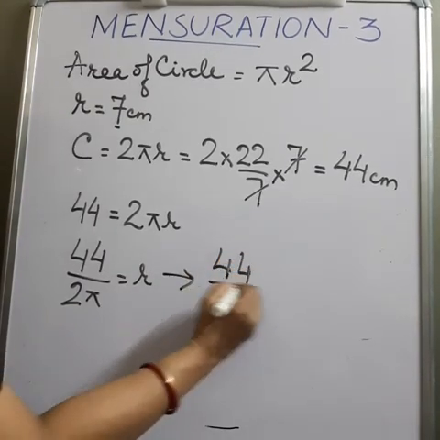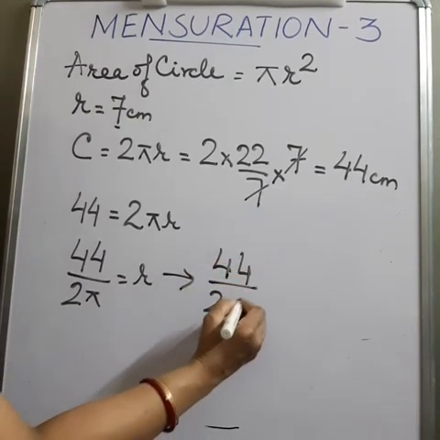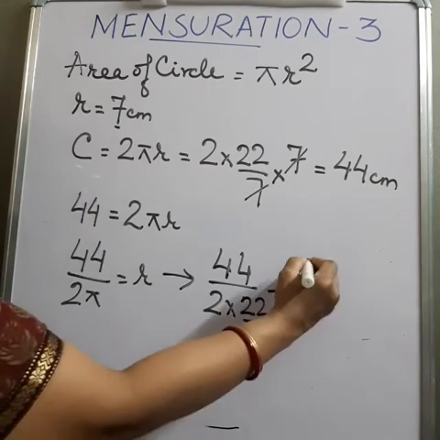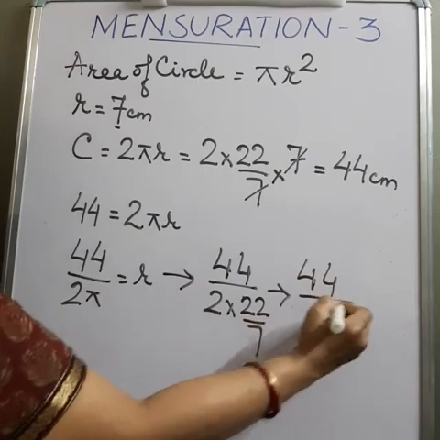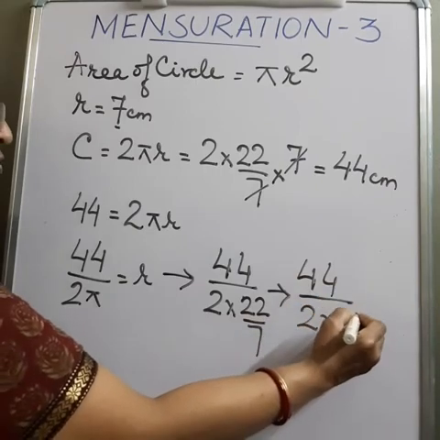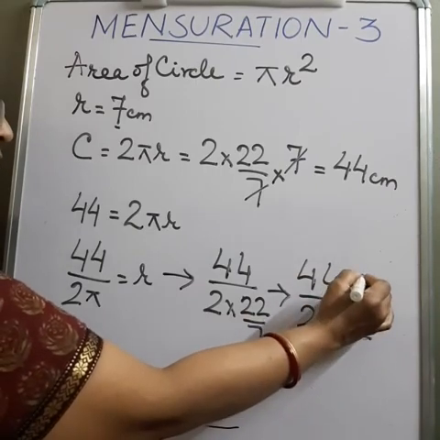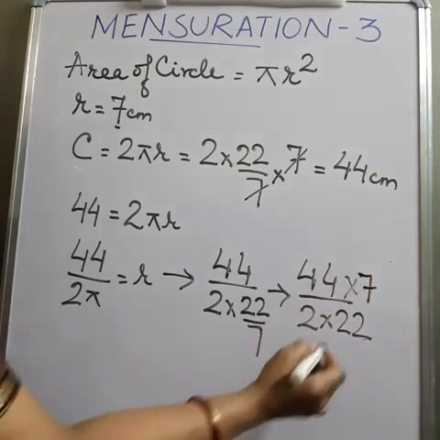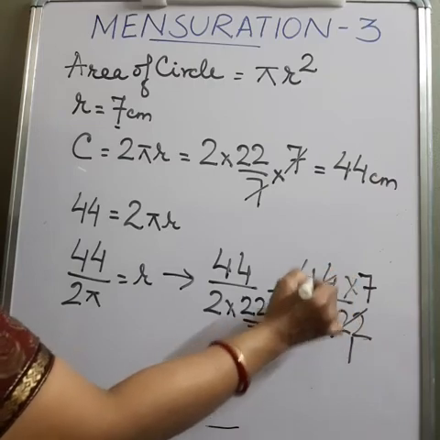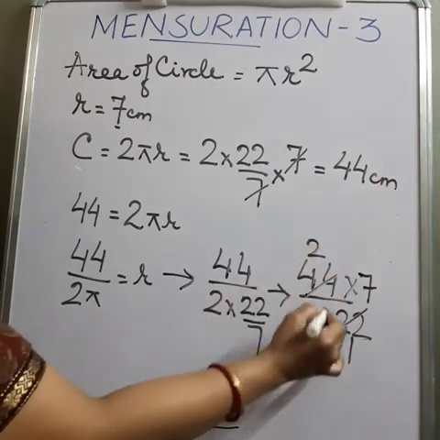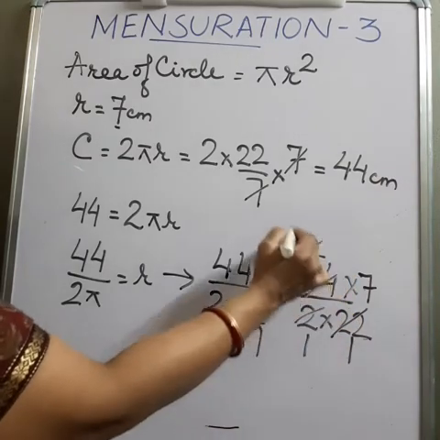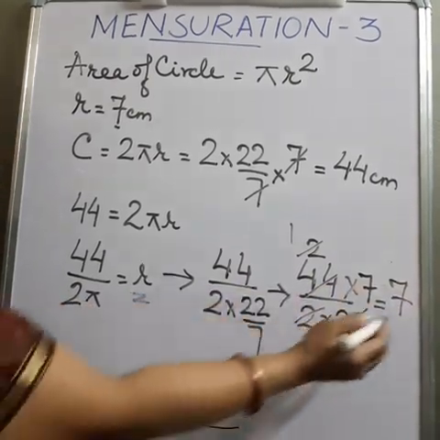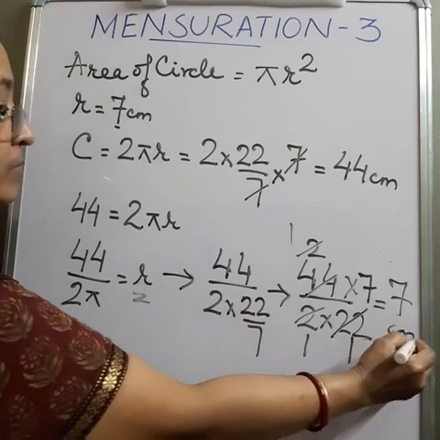So 44 by 2 into 22 by 7, that means 44 by 22 in 2 into 22 into 7. So 22 ones are 22, 22 twos are 44, 2 ones are 2, 2 ones are 2. So the radius has come to be 7 centimeter.